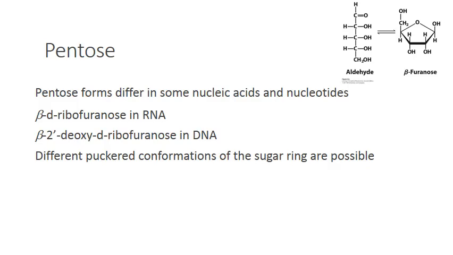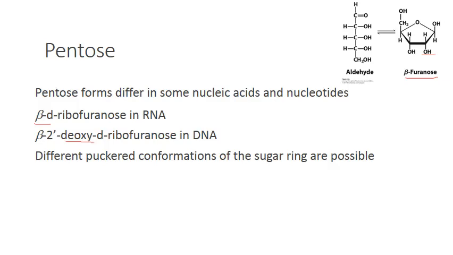In RNA, we find the beta D ribofuranose, and this is a picture of the ribose right here, whereas in DNA we find the beta 2' deoxy D ribofuranose. So again, that deoxy portion is not having the hydroxyl group at that 2' carbon.